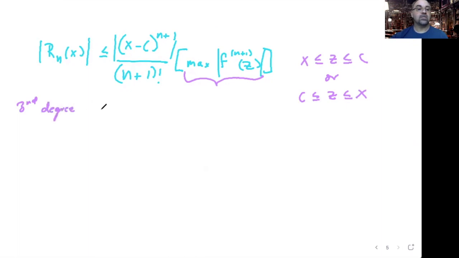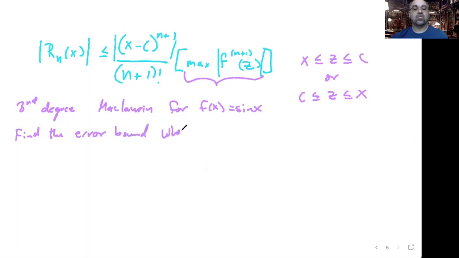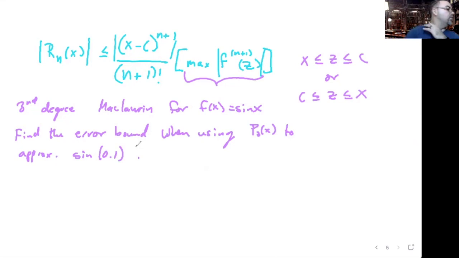Third degree Maclaurin polynomial for f of x equals sine of x, and then find the error bound when using P3 of x to approximate sine of 0.1.